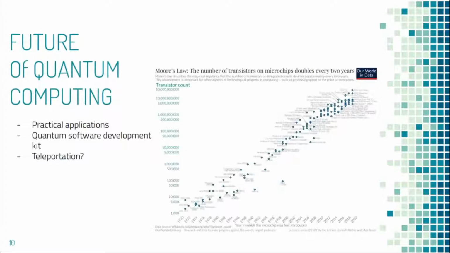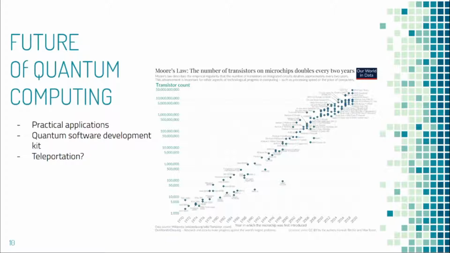As for the future of quantum computing, it's really hard to estimate because quantum computing is, again, such a new concept and largely underdeveloped that it's really hard to predict where it'll be in the next 5 years, next 10 years. One consideration is Moore's law, which is traditionally applied to classical computing.